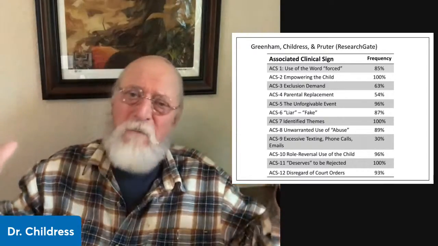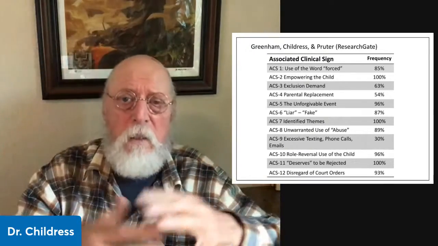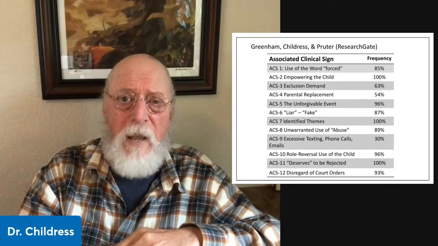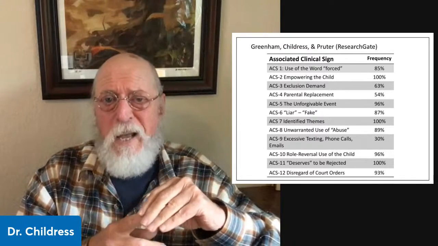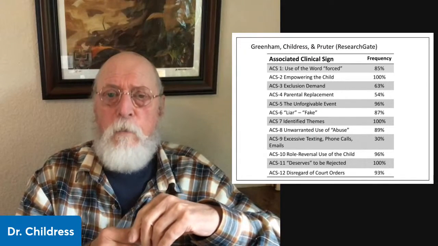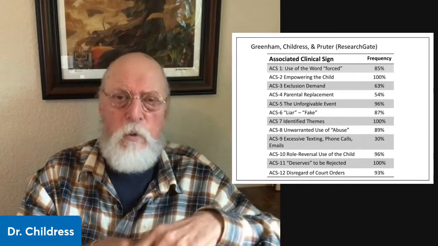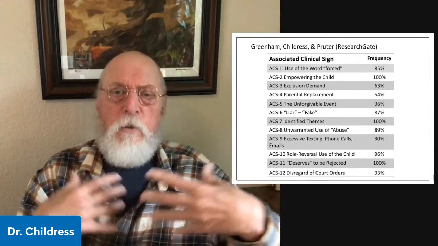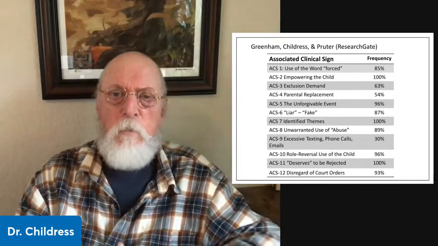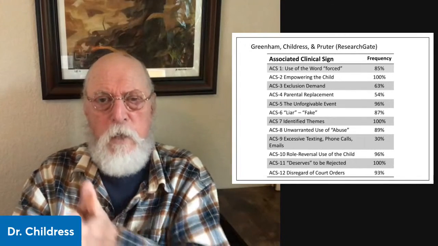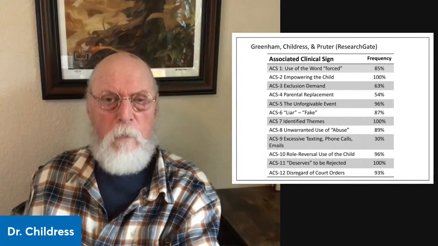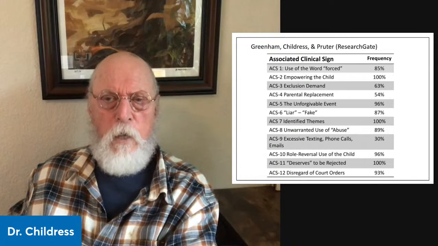And now if you have all that additional symptom set of these associated clinical signs, you can be extremely comfortable in your diagnosis of a factitious disorder imposed on another, shared persecutory delusion, child psychological abuse, and then we can take appropriate treatment steps based on a secure diagnosis.